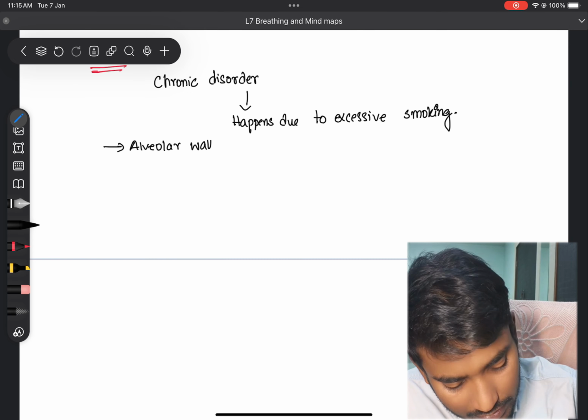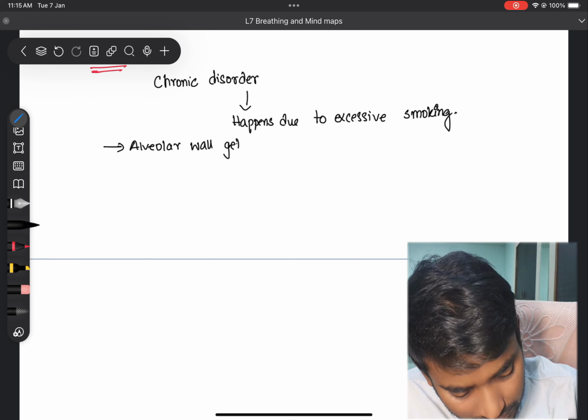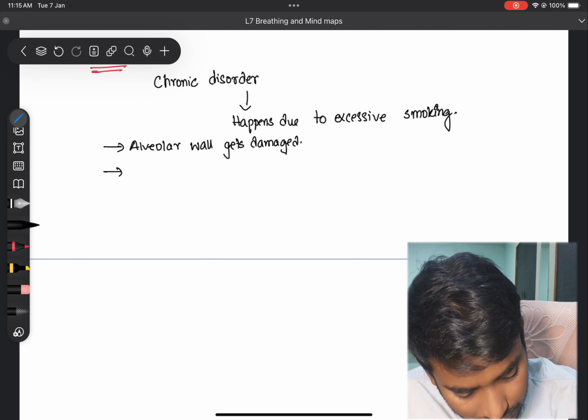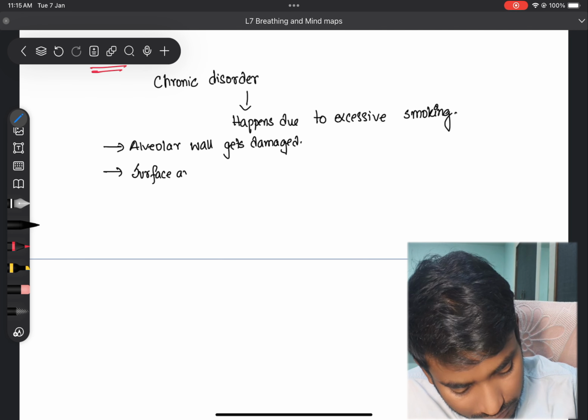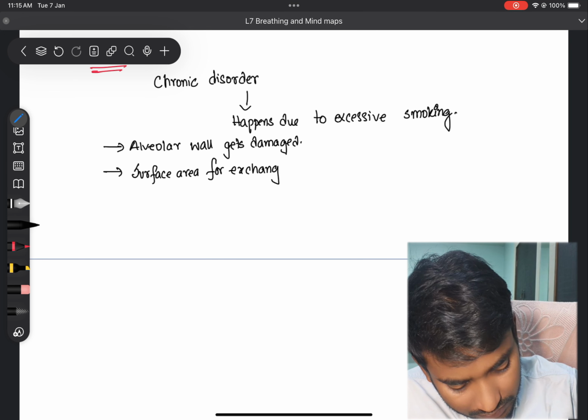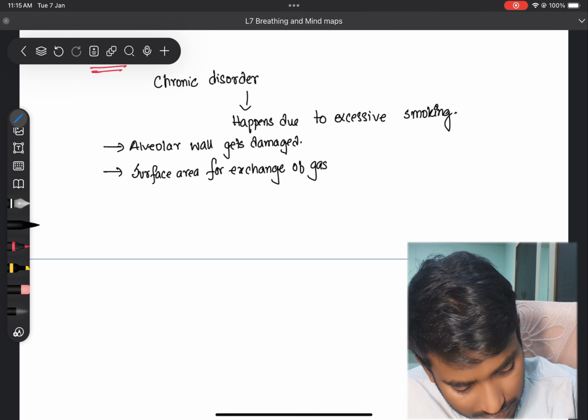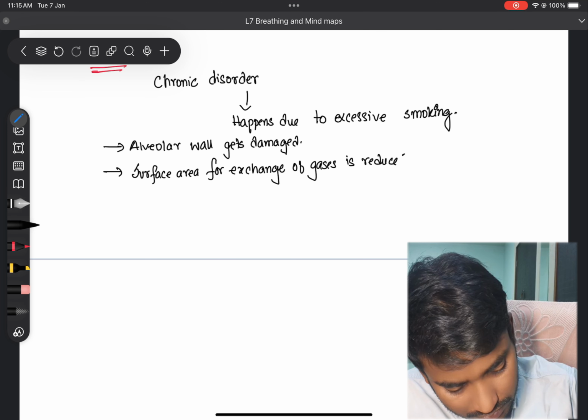The alveolar wall gets damaged. The surface area for exchange of gases is reduced.